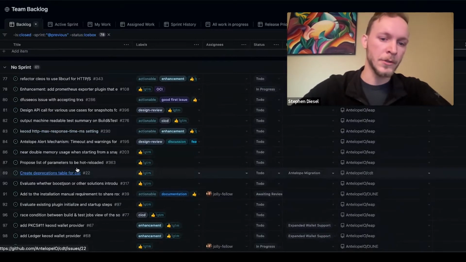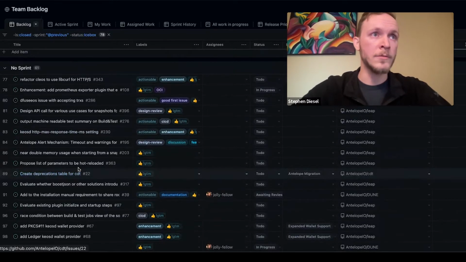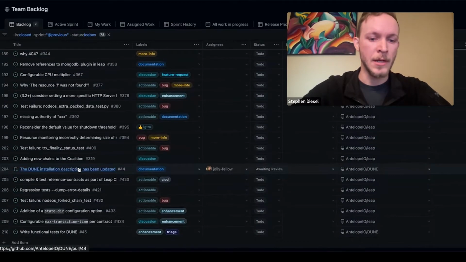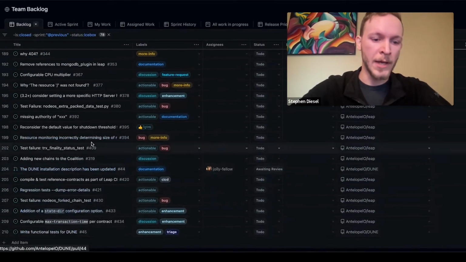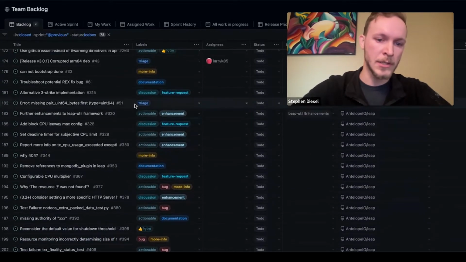Just to close out the loop on how that process takes place, when an issue is submitted, we've developed GitHub actions that effectively move that issue directly into this project, and it will assign a triage label to it.